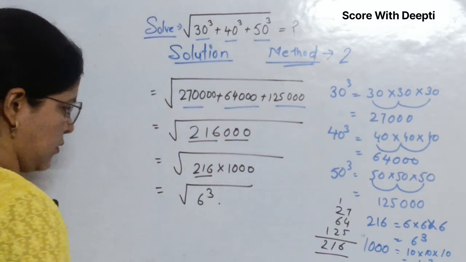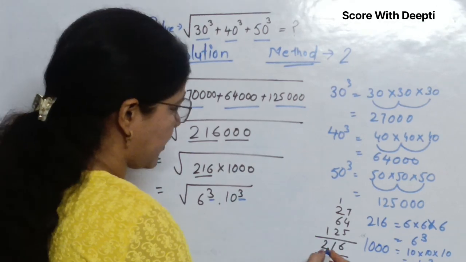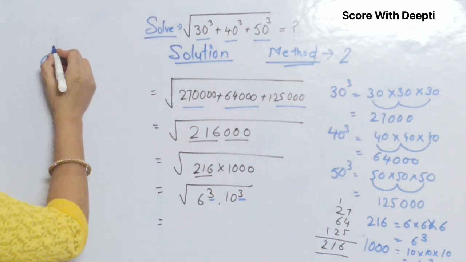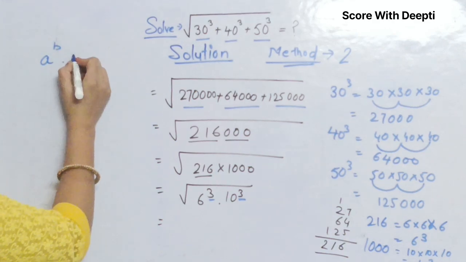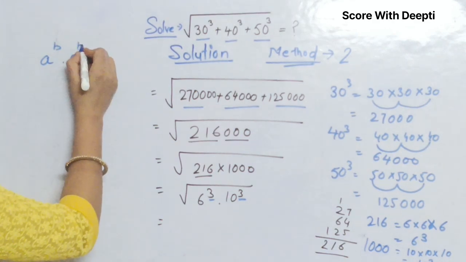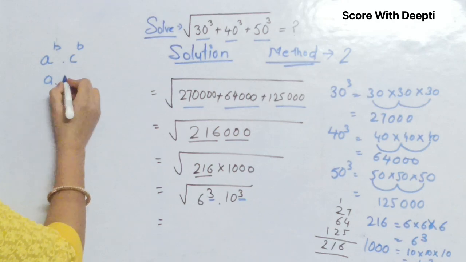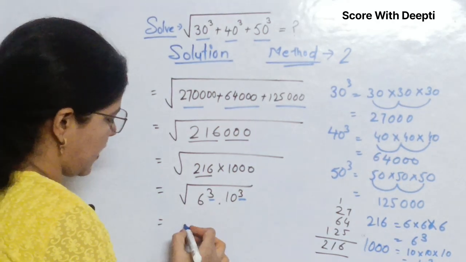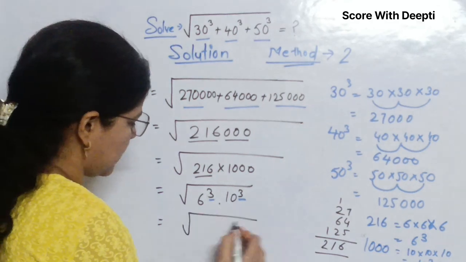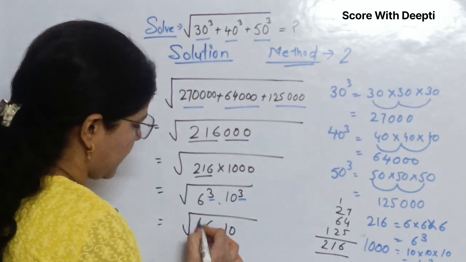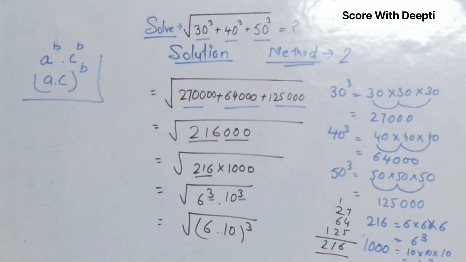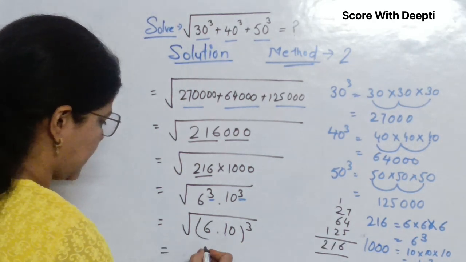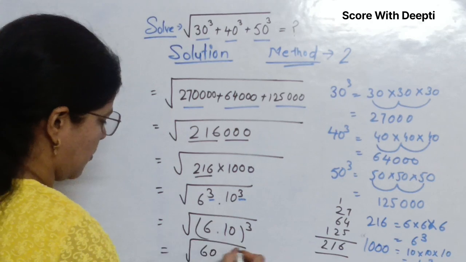When the exponent is the same, then we apply this identity: a to the power b into c to the power b equals a into c to the whole power b. So in place of this we will write square root under 6 into 10 whole cube. Next, we multiply these two terms and we will get 60 whole cube.